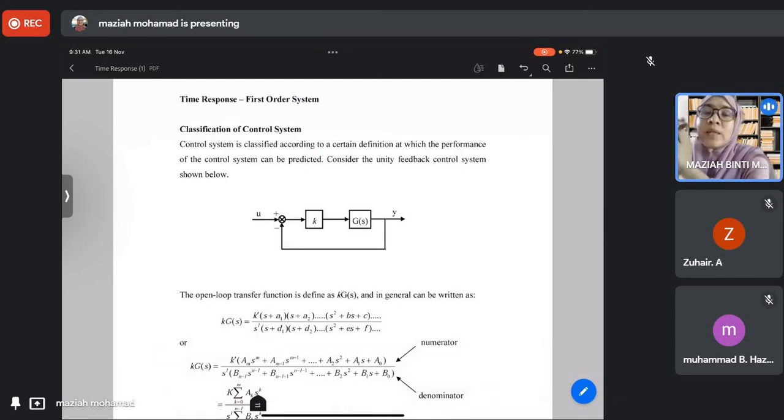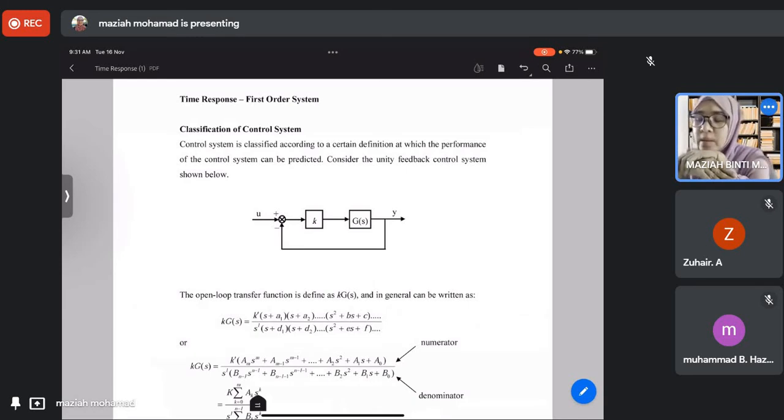We're going to do the classification because by knowing the group of the control system, we will be able to predict the behavior. By knowing the order of the system, the class of the system, or the rank of the system, we will be able to predict the behavior.